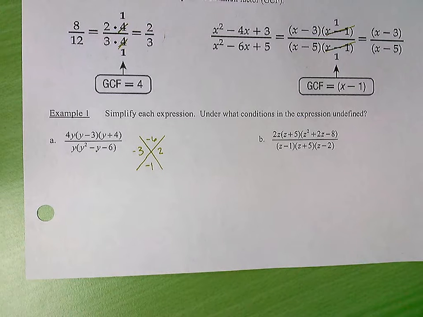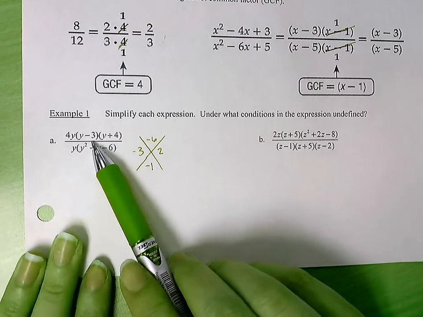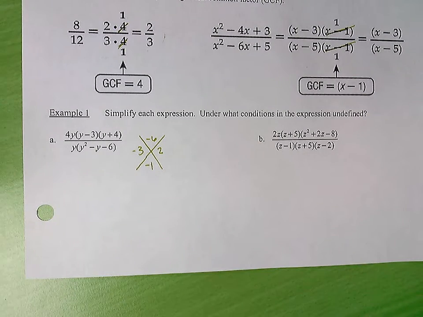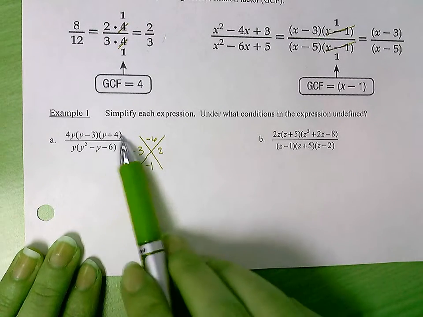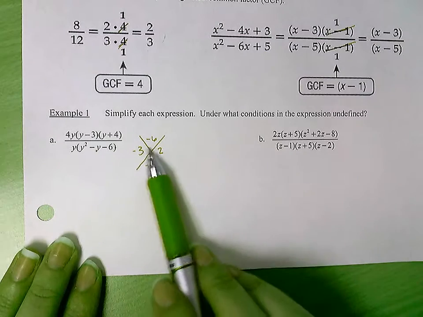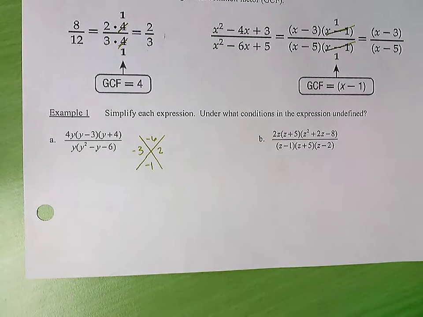Since we are reducing these, it does help if you look at the numerator, because something in your numerator is going to cancel with something in your denominator. So if there's a minus 3 and a plus 4, well, I know 3 can go into 6, so one of these terms will probably be negative 3.